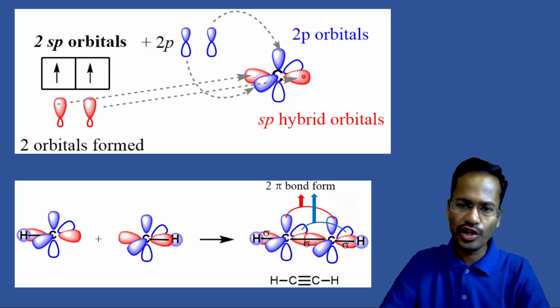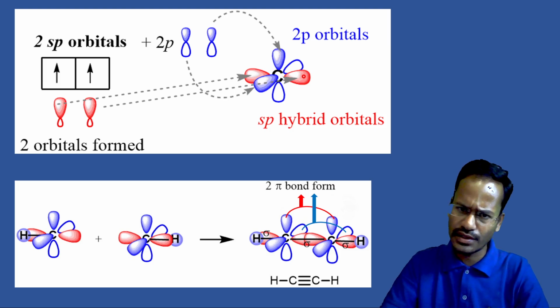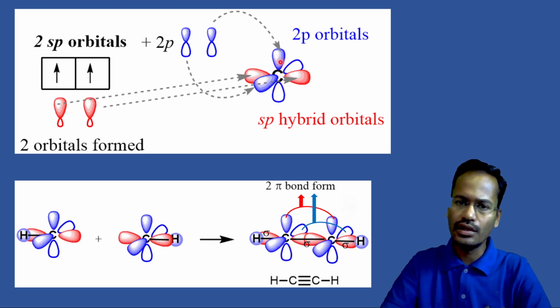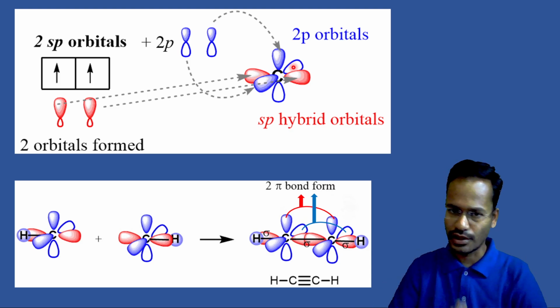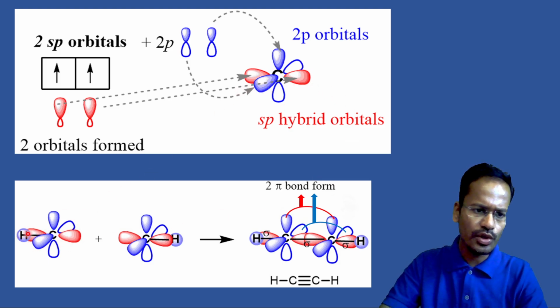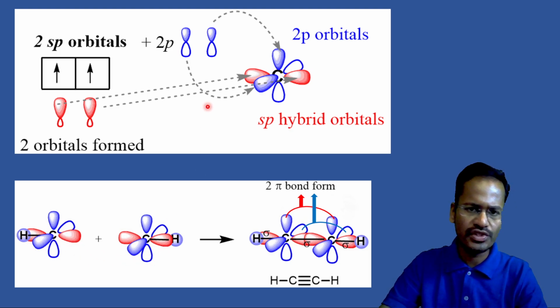These orange color orbitals are nothing but hybridized orbitals, and these blue color shapes are nothing but unhybridized orbitals. For your easy differentiation, these colors have been given. And now if you see this, one hybridized orbital has been here. Two such carbons came.